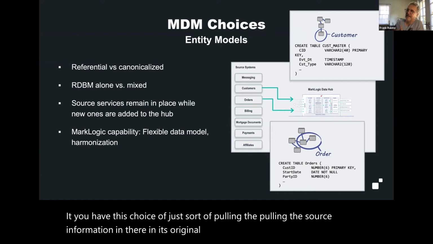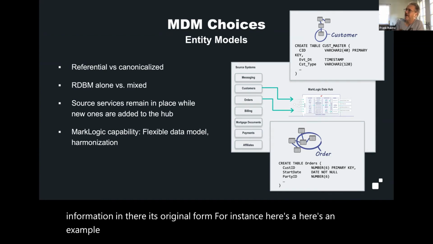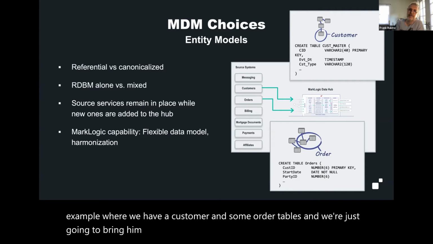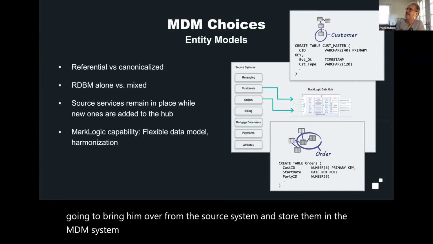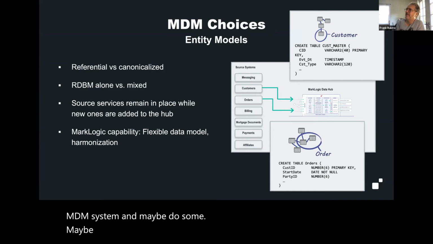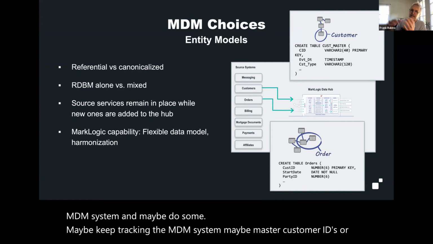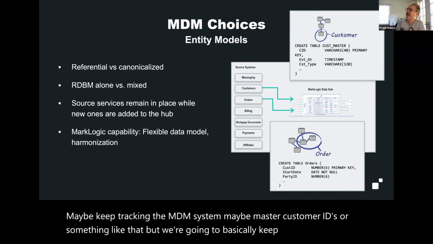For instance, here's an example where we have a customer and some order tables, and we're just going to bring them over from the source system and store them in the MDM system, and maybe keep track in the MDM system of master customer IDs or something like that. But we're going to basically keep intact what the representation of those customers and orders are.